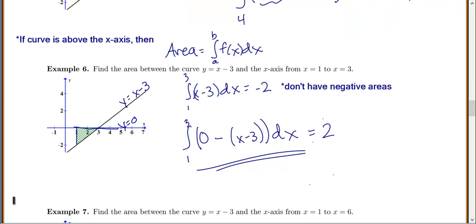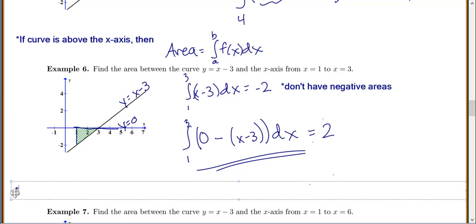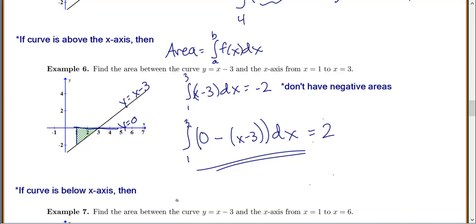But if your curve is below the x-axis, then our area is going to be equal from a to b, but you have to do 0 minus your function. So it's always going to be negative f of x dx. So if your curve is below the x-axis, you have to put the negative there. Or you can just remember, oh, I have to do my top function of 0 minus my bottom function, which is what I'm actually interested in. That's where that negative comes from.